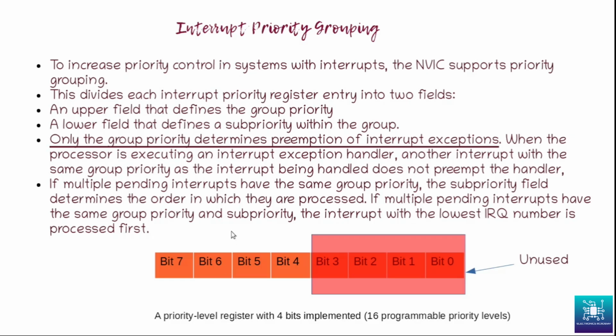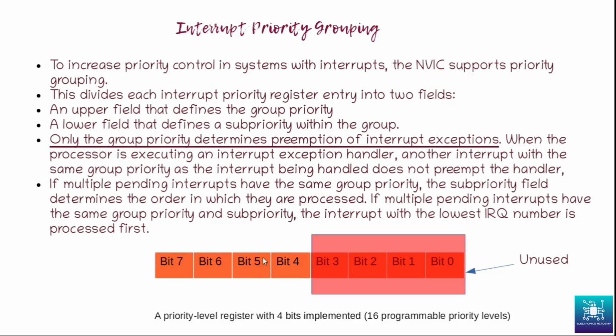So to better understand it, say we split the 4 bits into 3 and 1. So 3 bits for group priority and 1 bit for sub priority. For 3 bits we can go from 0 to 7, so we can represent 8 priority levels.